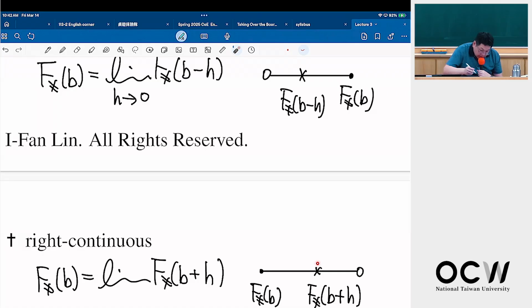So they will also go closer to f of b, but they will go closer from the left. So when h goes to 0, they will get close to the point on your left. But right continuous means that I have a point at the right first, but they will go closer to your point, in the direction to f of b.